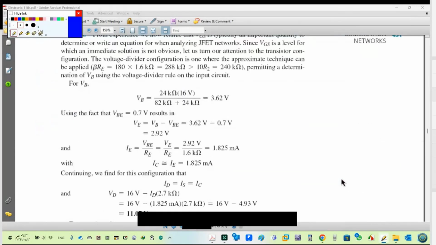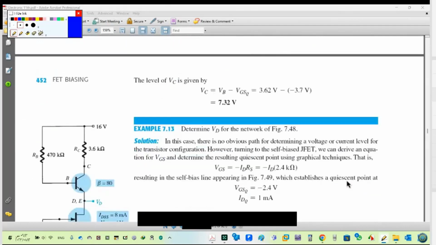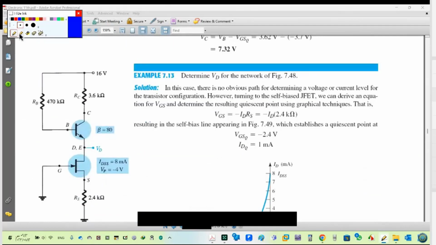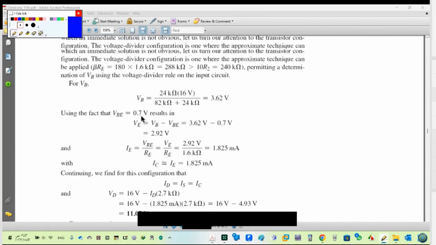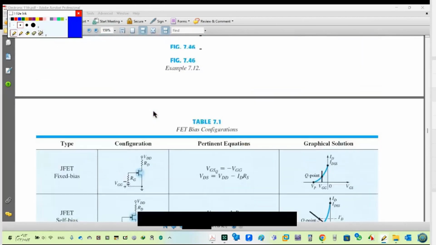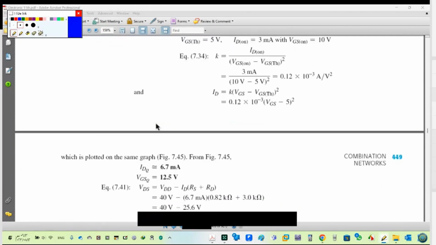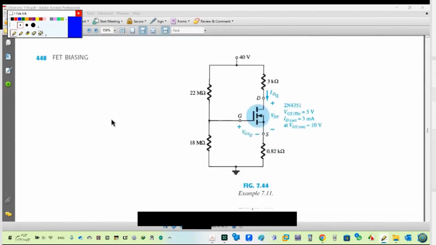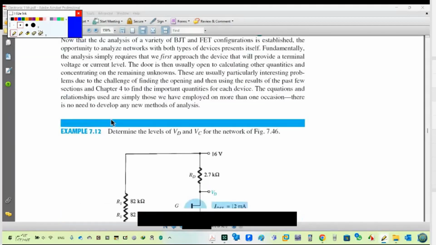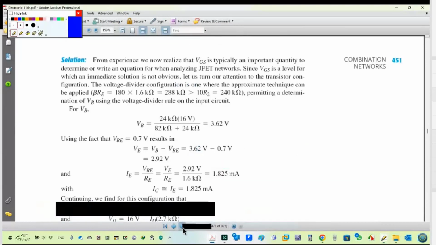So is our lecture today easy or hard? Here you have something we don't need. We don't need those. Just we need the last example, which is example 7.11. We don't need compensation. Those compensation circuits, cancel them.